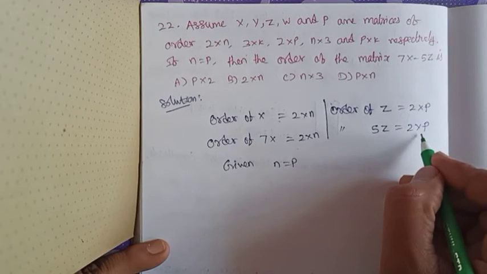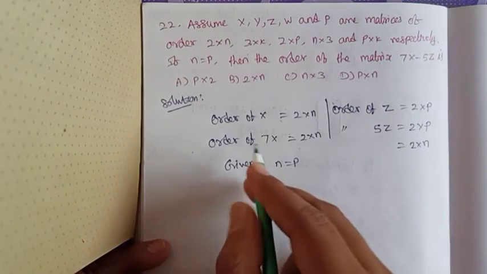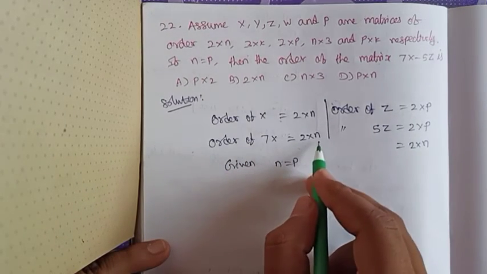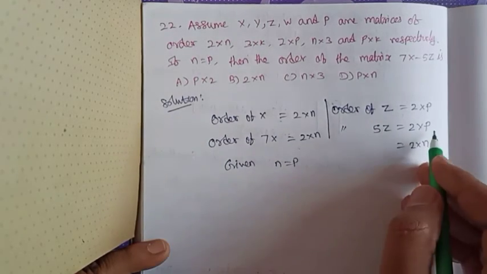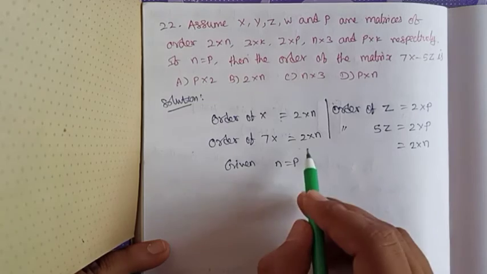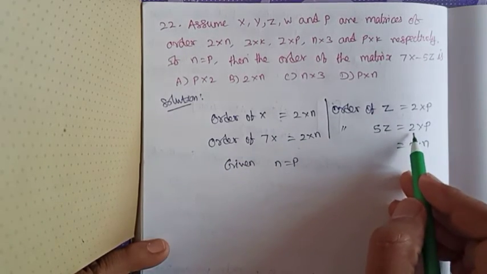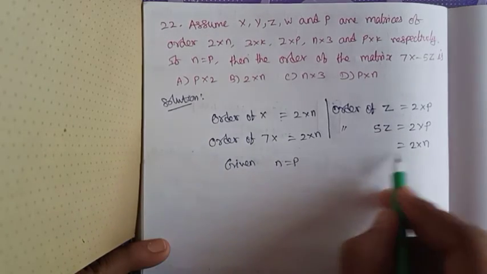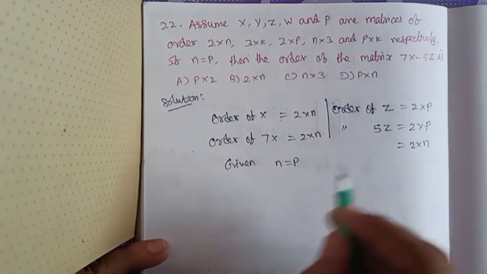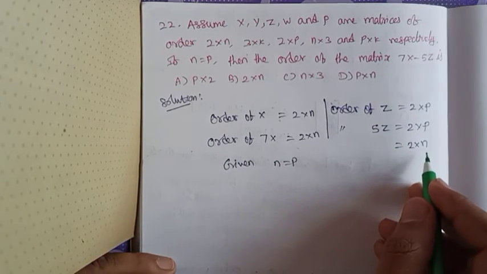So we change 2 by p to 2 by n, because the order of 7X is 2 by n. The rows of 7X and 5Z are both 2, and the columns should be equal, so when we add and subtract, the order should be the same. Only n equal to p makes this possible. Applying n equals p, the order of 5Z is 2 by n.